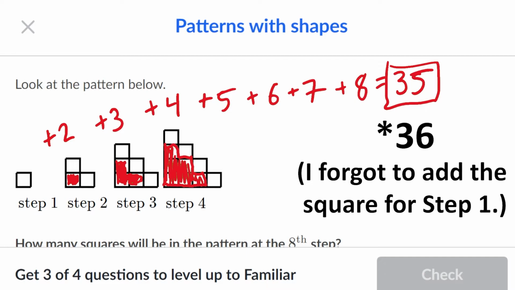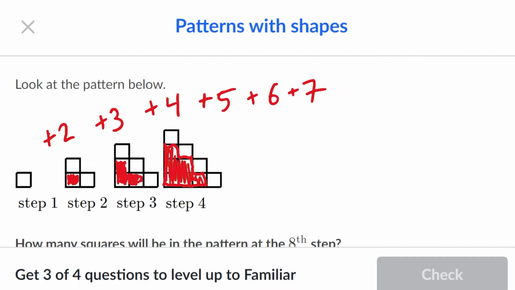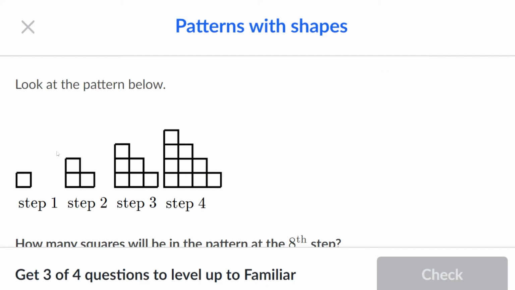But again, this is only one of many patterns that students could see. Check this one out instead. What if instead they said, okay, well, I've got 1 here, and then it adds this column of 2 here the second time. And then it adds this column of 3 here the third time. Adds this column of 4 here the fourth time.